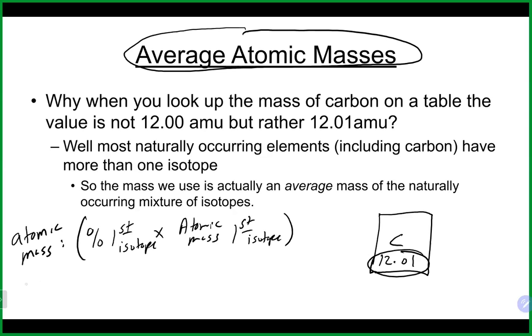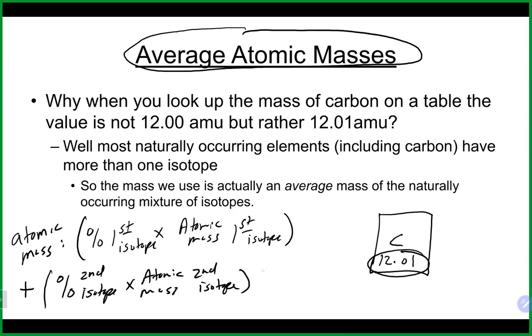You then would actually add it, not multiply it, which is what everybody always wants to do at this point, but you actually would add it to the percentage of the second isotope times the atomic mass of the second isotope. And if you had a third isotope, you would just continue that pattern. You would take the percentage of the third isotope times the atomic mass of the third one. And again, if there was 4, you just continue that pattern.